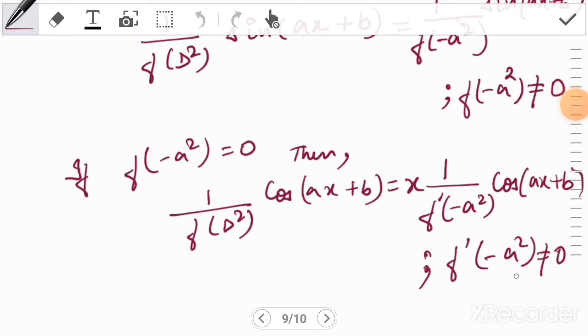So keep on differentiating the denominator until you get a non-zero value. Let us take one example.